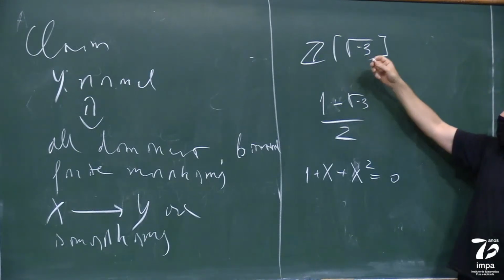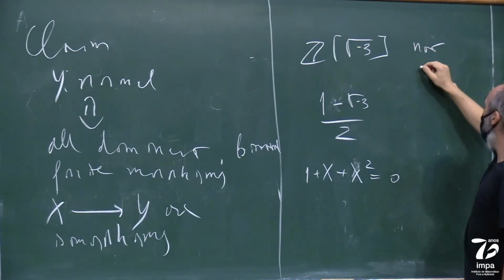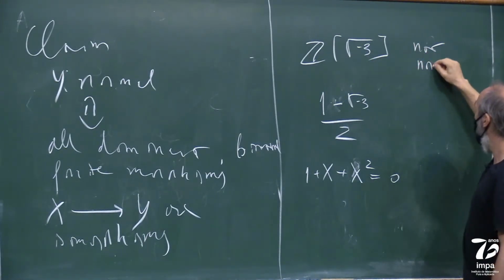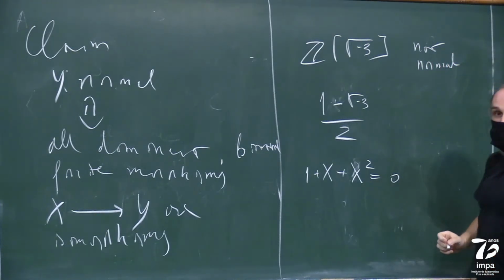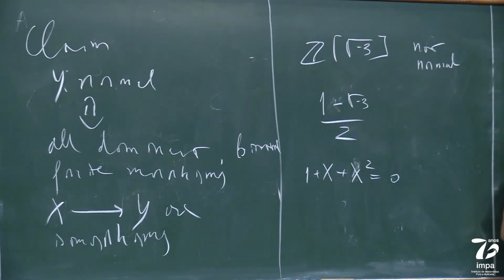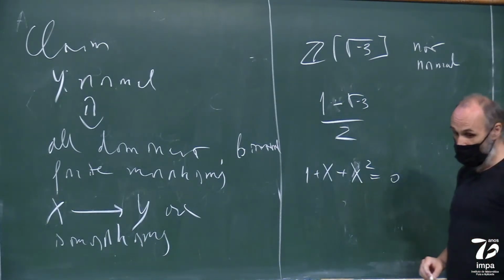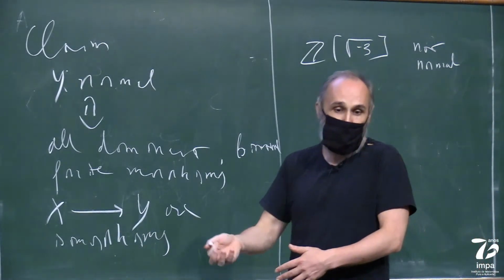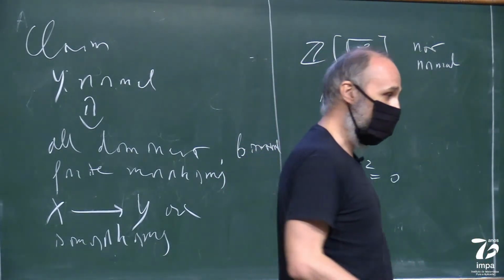Then this ring is not normal. In particular, there's no prime decomposition, though there are lots of rings which are normal but don't have prime decomposition. This is very easy.